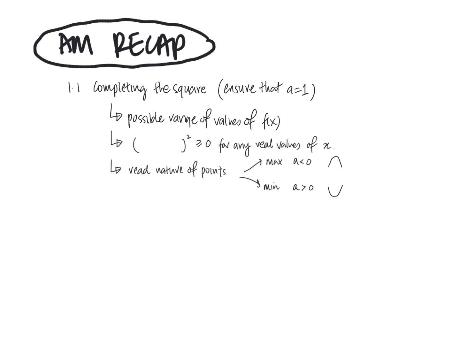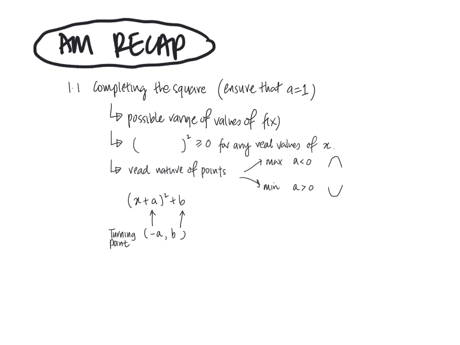So turning point, you can always read from here. Your x coordinate always makes the bracket square 0, and then your y coordinate is just this value here. So this part here is your turning point.